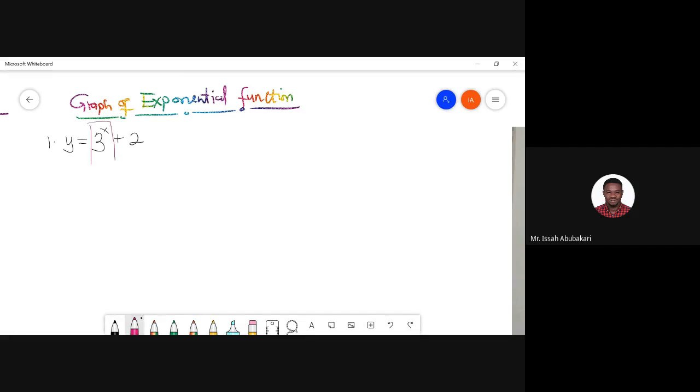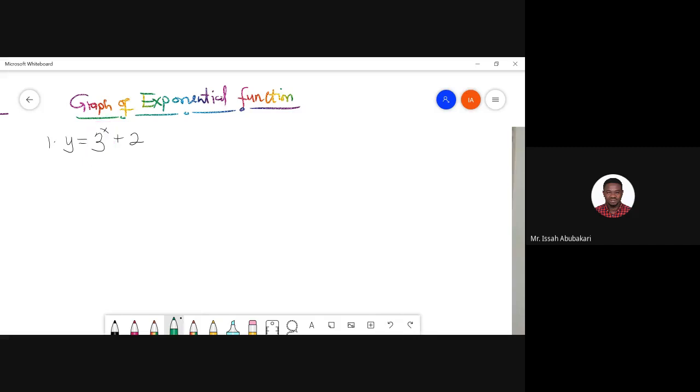Let's take this side out, and then we'll be left with y is equal to what? Positive 2. So if y is positive 2, in this case, the graph will not pass through 0 and 1 anymore, but it will pass through what? 0 and positive 2. Now let's try to plot this graph.